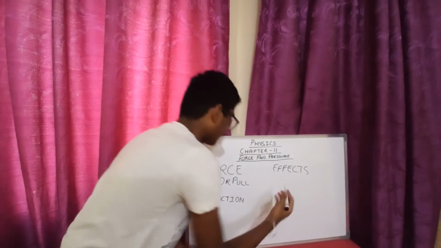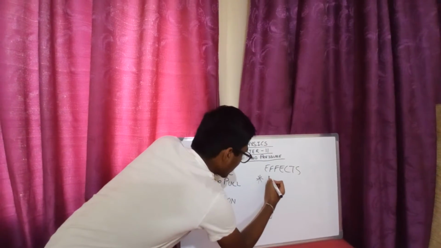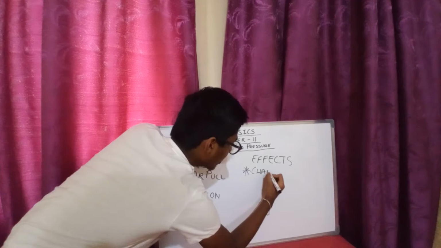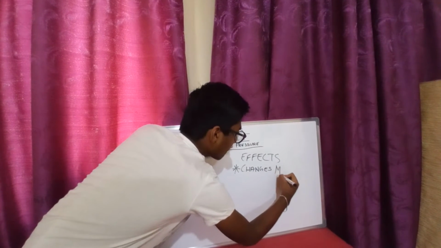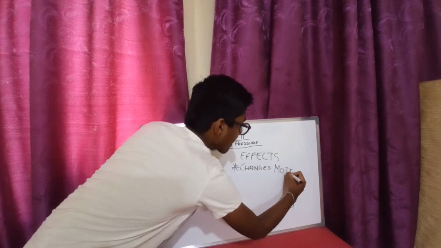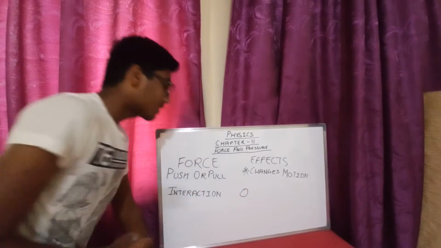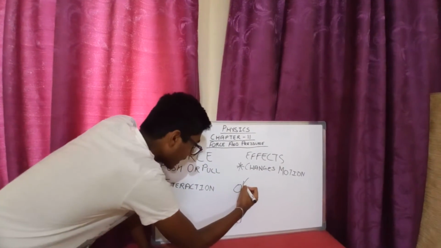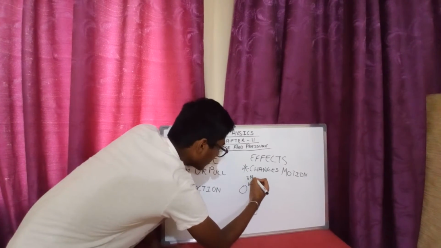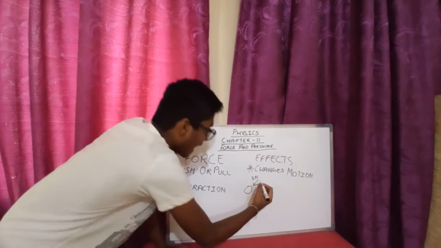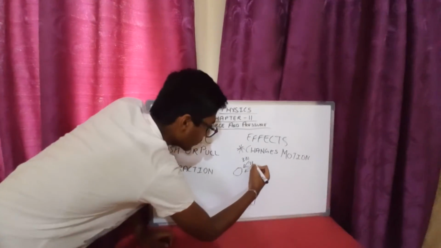Okay, effects. The first effect is that force changes motion. Now, this is a ball, and it is going in a direction with 3 newtons. Now you are also standing here and you kick this ball with 7 newtons.